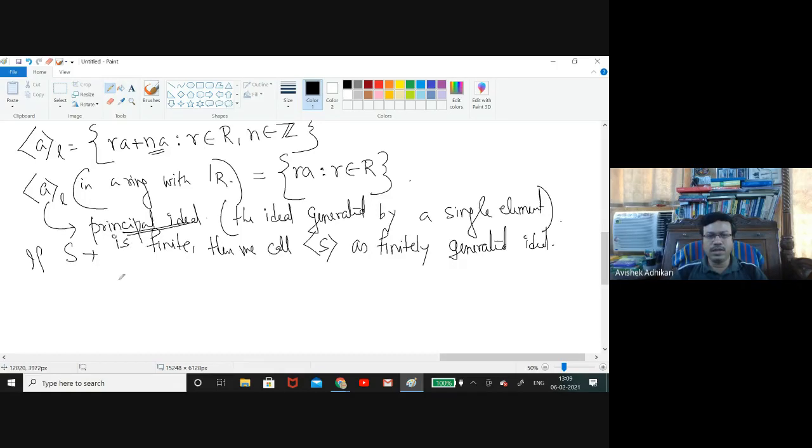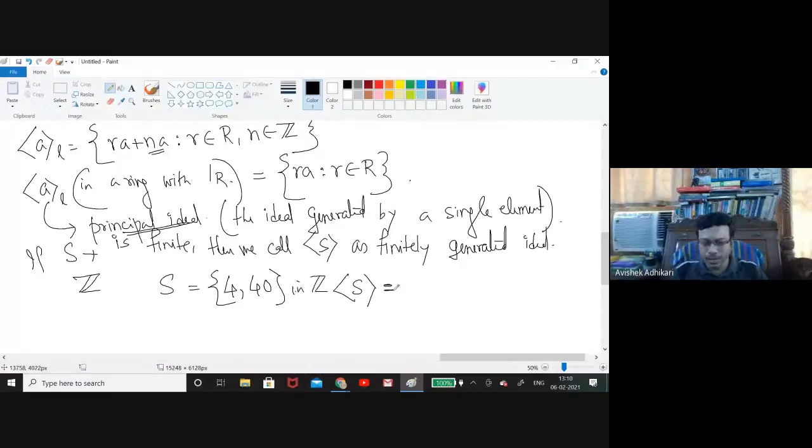So you can understand that in Z, whatever may be the set, say 4 and 40. Then what is S? Quickly, can you tell me? If S is 40 in Z, then what is the ideal generated by S?